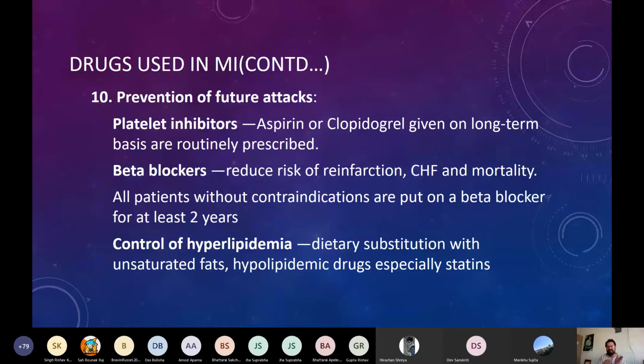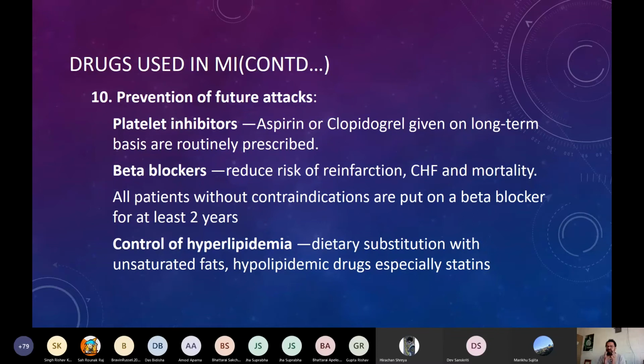Okay. Beta blockers reduce the risk of reinfarction. So beta blockers will modulate the working of the heart. It won't let the heart beat uncontrollably fast or uncontrollably briskly or forcefully.